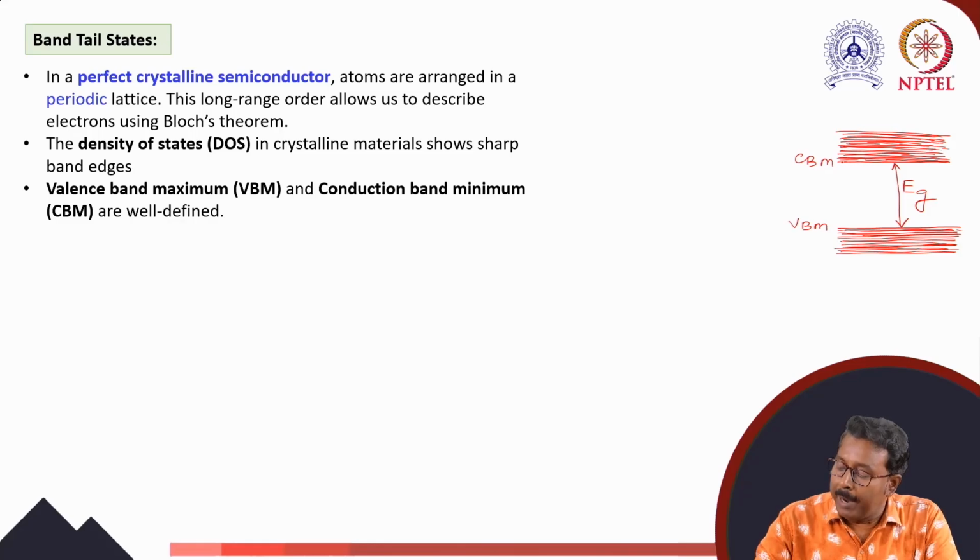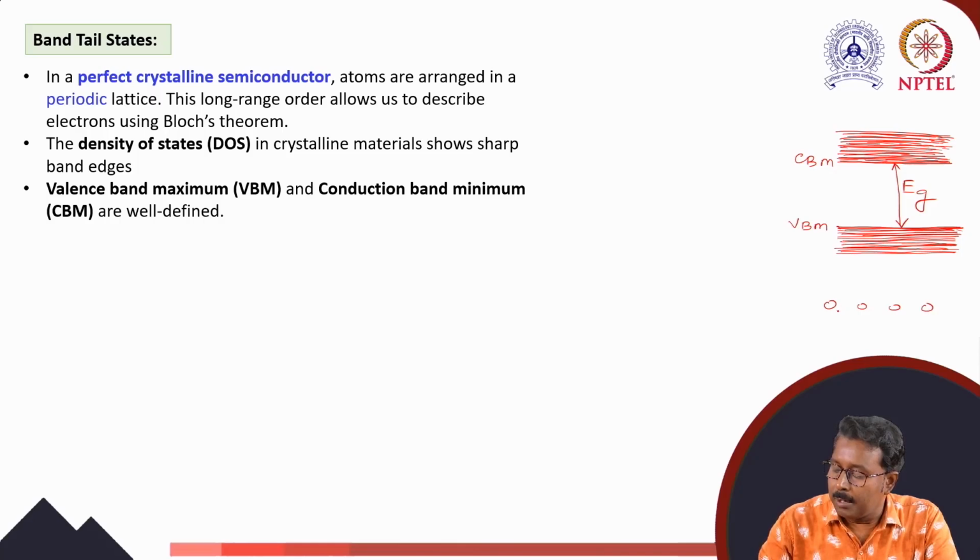And these two band edges, conduction band minima and valence band maxima, are well defined in a crystalline semiconductor. That means we have assumed that atoms are arrayed in a regular fashion. Say these are the atomic array in one dimension.